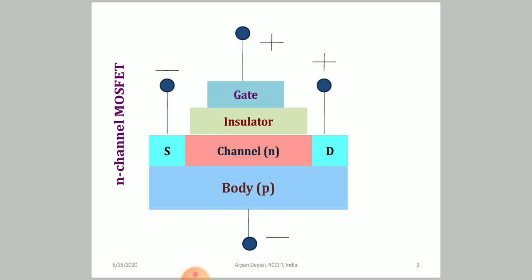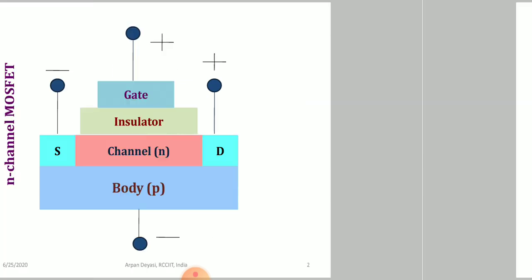For p-channel, the source will be positive, the drain will be negative, and the gate will also become negative. And source and body will be shorted also. I am not going into these details again, as this is just a recapitulation of our lecture 4.